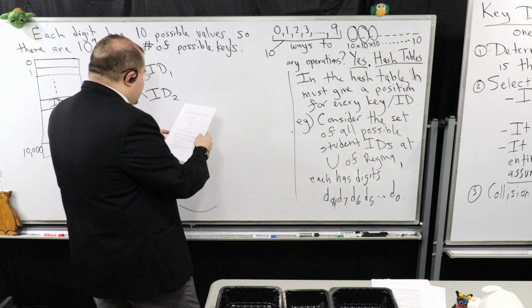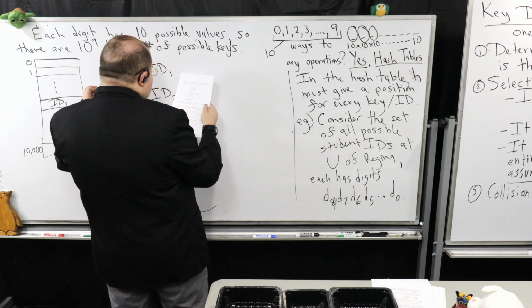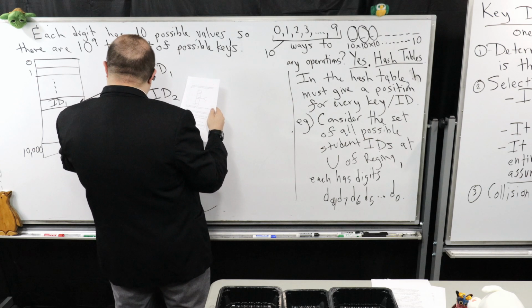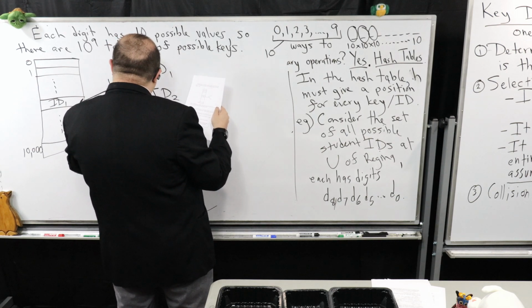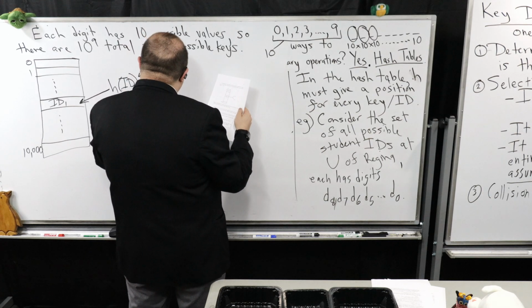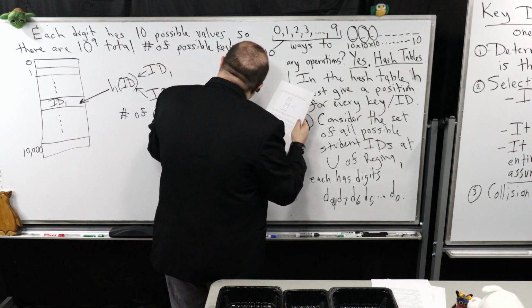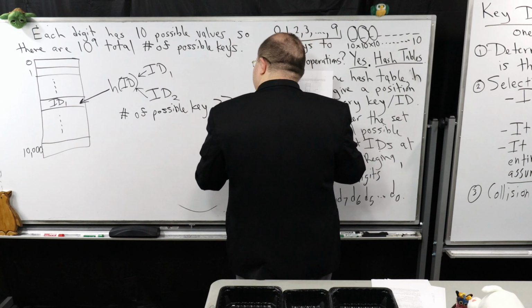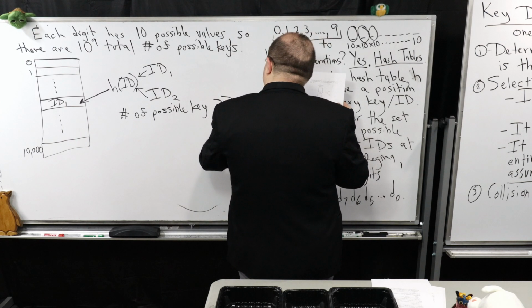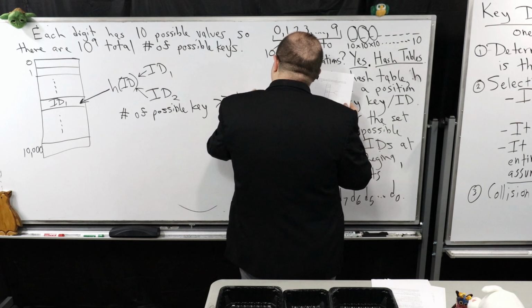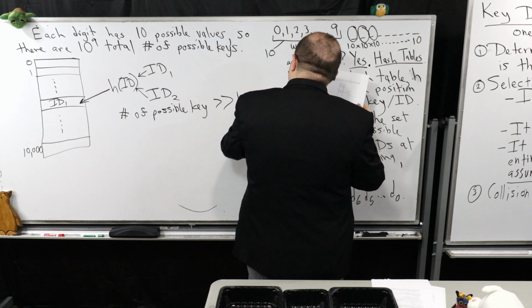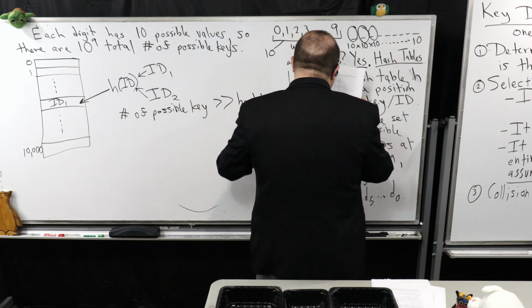So notice that the number of possible keys is much, much larger than the hash table size.